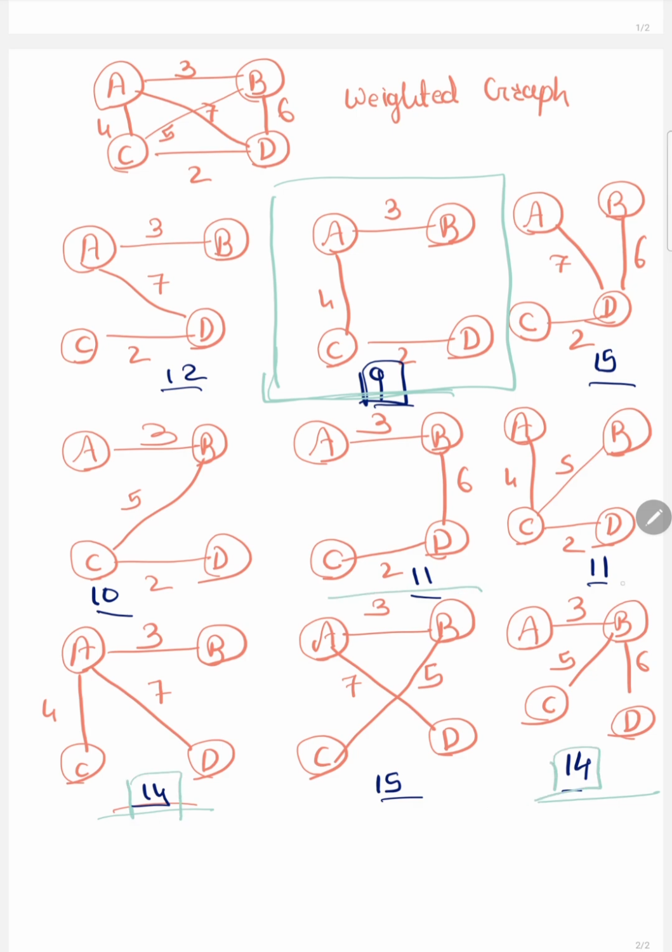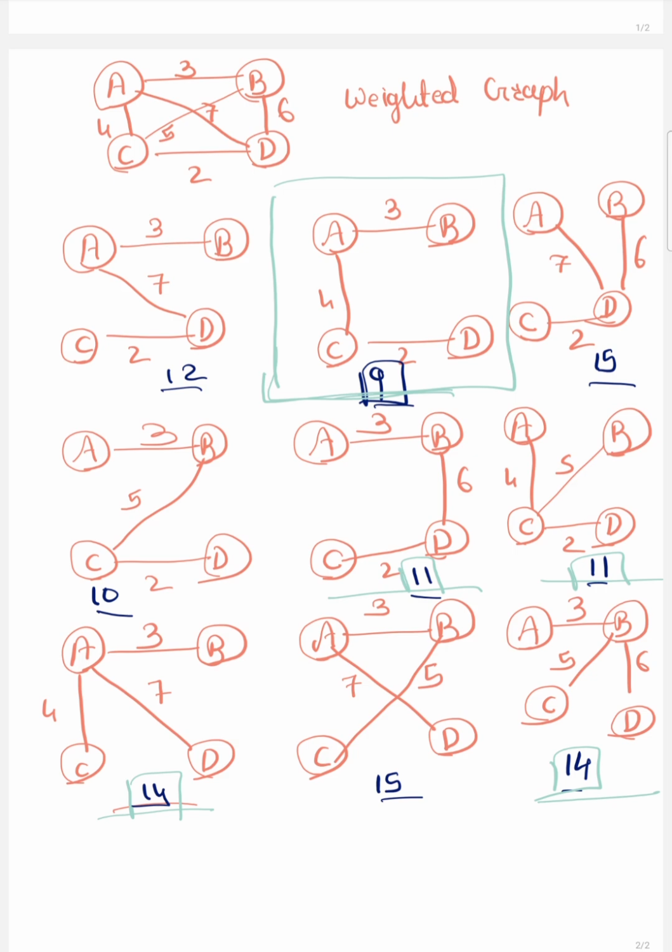Here also these two spanning trees are different, but their cost is the same. So it might be possible in some scenario that there are two minimum spanning trees, but that's very rare. If you have the same weights, then it might be possible.